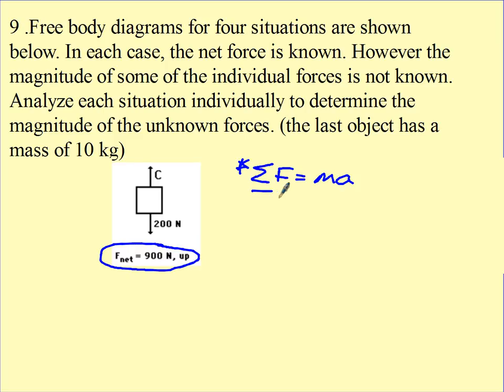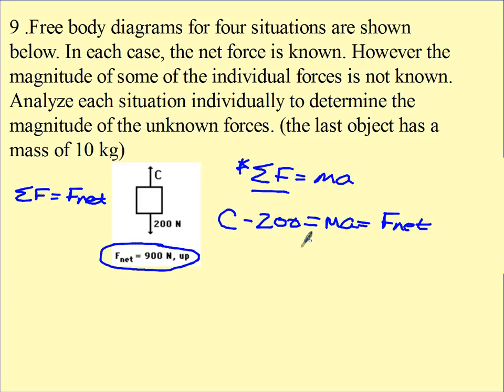Now, this is the arrows. What do I have going up? I have C going up, and I'm going to subtract off what's going down, which is 200 newtons. You always read these right off your free body diagram. This equals ma. Now, this is also my net force. I can always write sum of the forces equals F net.